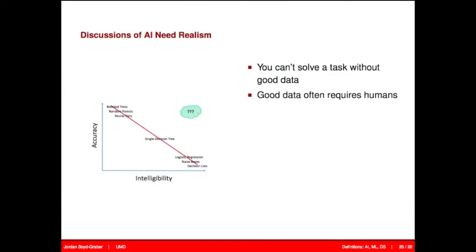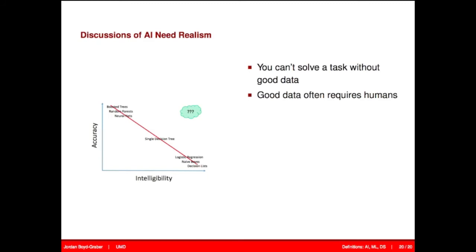In addition to a need to be realistic as we discuss the societal implications of artificial intelligence and data science and machine learning, we also need to be realistic about what data science, artificial intelligence, and machine learning can actually achieve. One of the things that I hope we'll get out of this class is the weaknesses and the prerequisites of machine learning and data science algorithms.